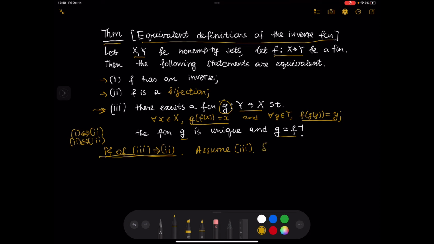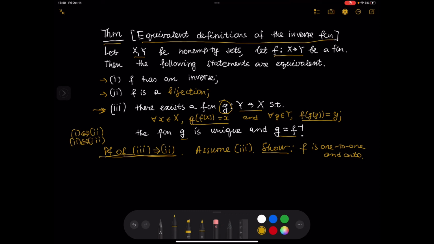So we want to show the statement II. So we want to show that f is a bijection. So we want to show that f is 1 to 1 and onto, right? Because to be a bijection means to be 1 to 1 and onto.